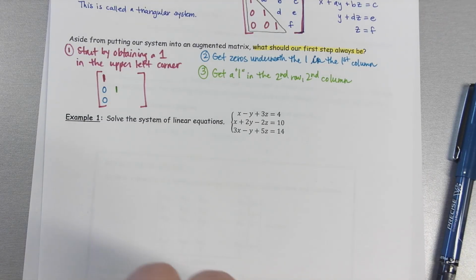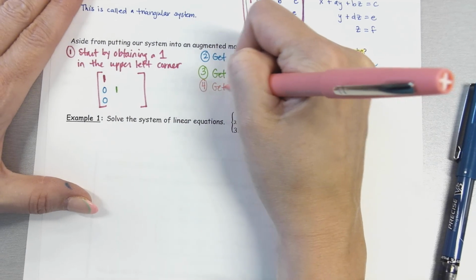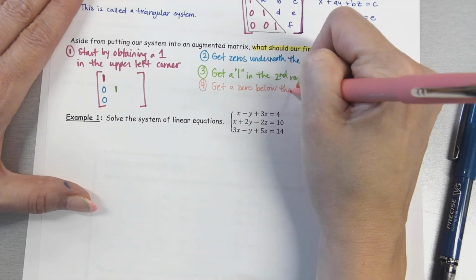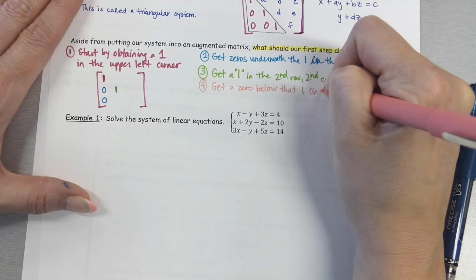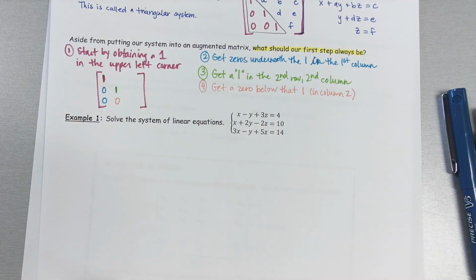And then after you get a 1 there, you want to get a 0 below that. After you get a 1 in the second row, second column, you're going to get a 0 below that 1. And then if you had more than a 3 by 4, you would keep repeating that process.